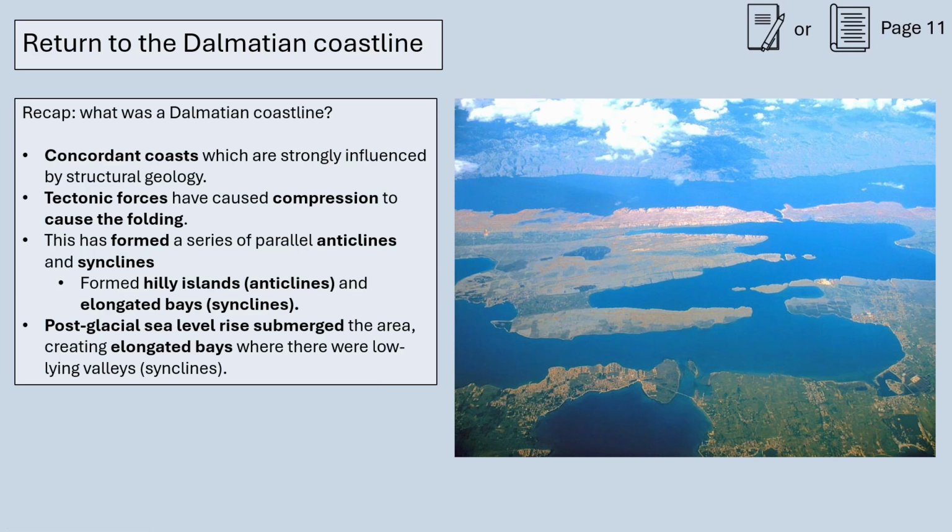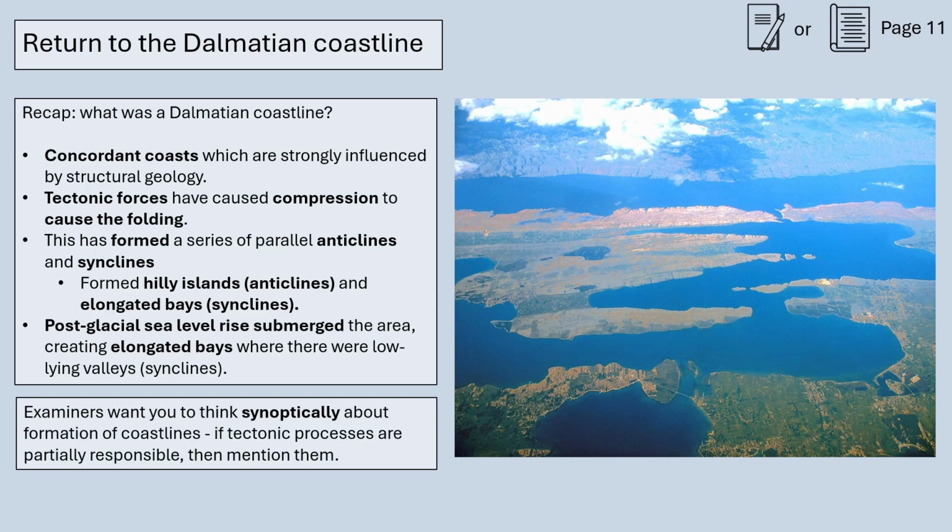And just like with the RIAs, examiners want you to think synoptically about formation of coastlines. So they want you to think about all the processes that have contributed to the formation, not just sea level rise or fall. So for Dalmatian coastlines, a top answer would discuss the role of plate tectonics causing folding to occur, as that is an important prerequisite for the formation of this type of coastline.